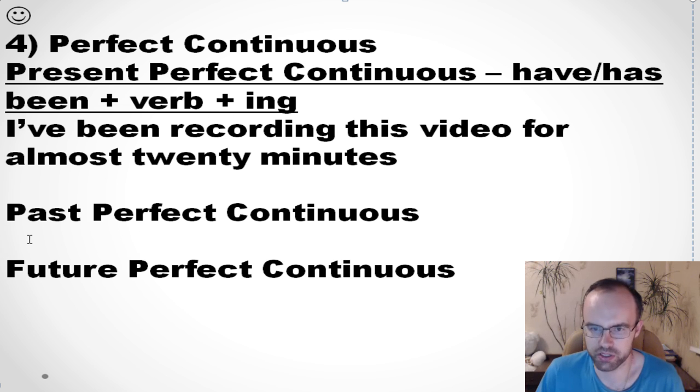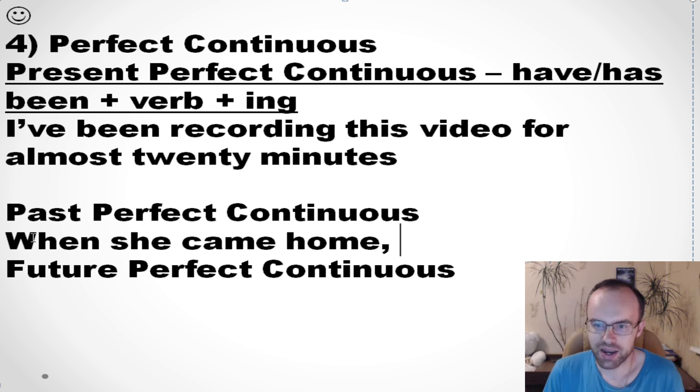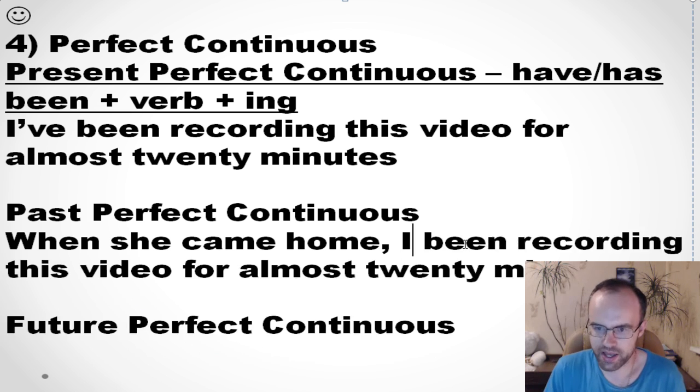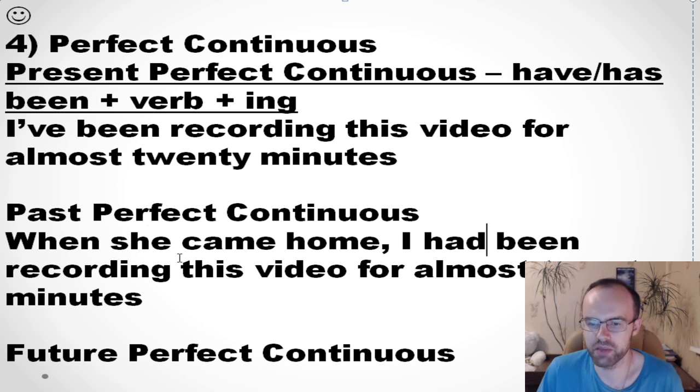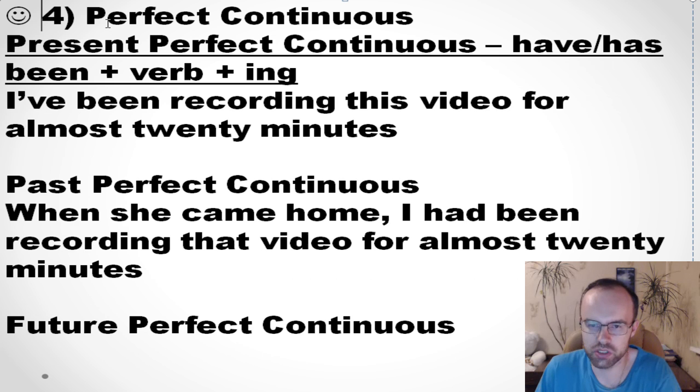Well, past perfect continuous. When she came home, I had been... Okay, let's use the second sentence, but I had been, because it's about the past. I had been recording this video, or that video, for almost 20 minutes.